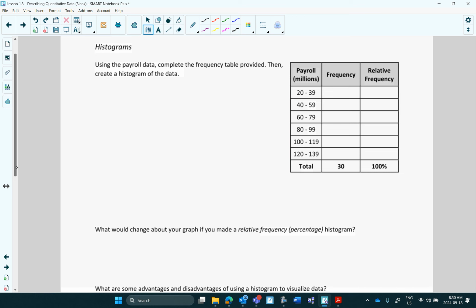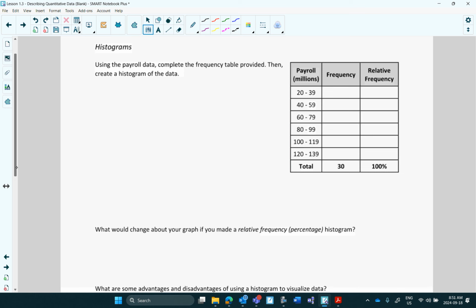Histograms use quantitative data, bar graphs use categorical data. So if we've got a whole bunch of data values, what we want to do is put them into groups, intervals. So for the baseball payrolls, I decided I'm going to put them in intervals of 20.